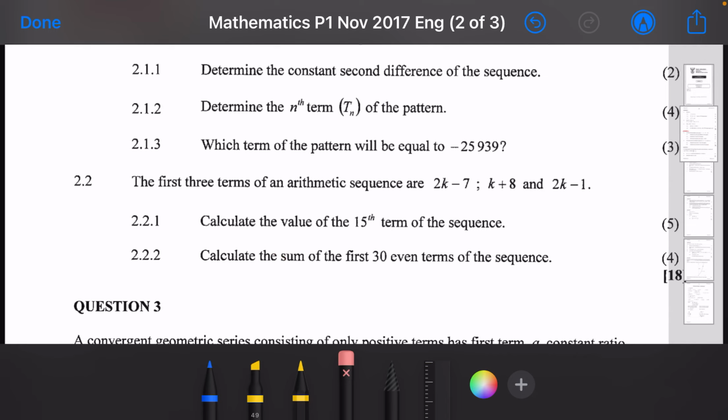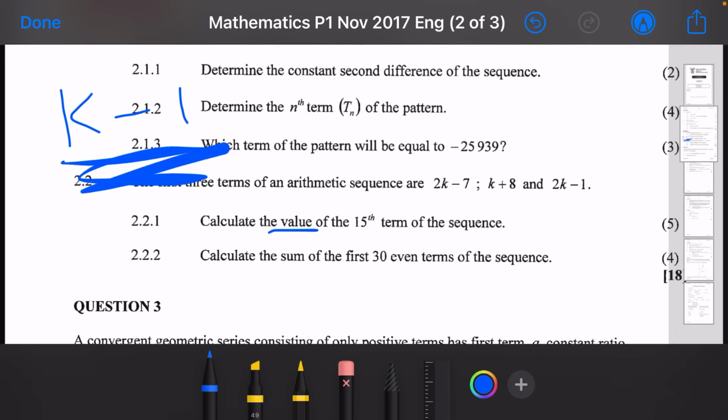When you say that minus that, it becomes x minus 4, and again that minus that equals 6 minus x. Because this is an arithmetic sequence, this must be equal to that.